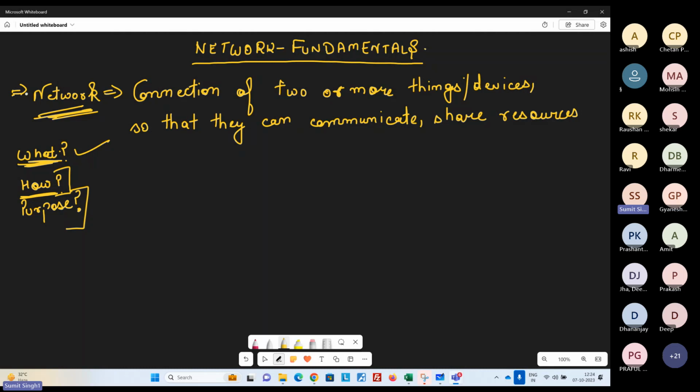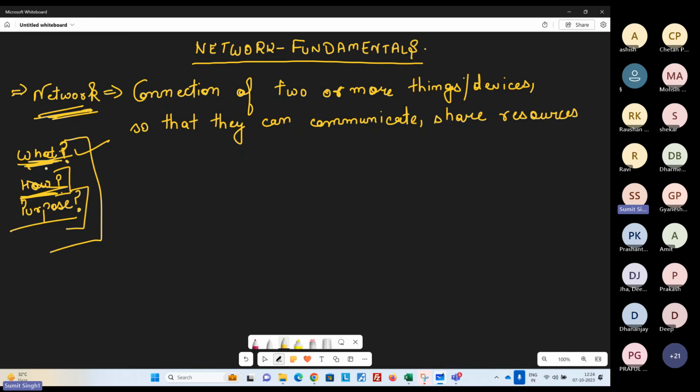Sorry, guys. So I'm saying, what is a network? If you are studying anything, it's not confined to network only. You need to know the answer to three things: what exactly we are talking about, how to achieve that, and what is the purpose of that. If you can answer these three things, you are done. So same thing I'm doing for network.